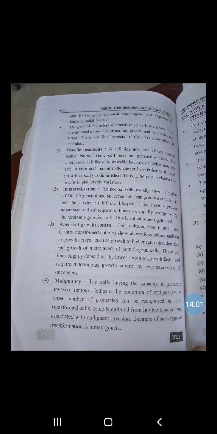Next application, drug screening and development. Cell-based assays are currently gaining importance for the pharmaceutical industry for drug screening as well as drug development. In the area of new drug development, animal cell cultures are used to study the cytotoxicity of new drugs.